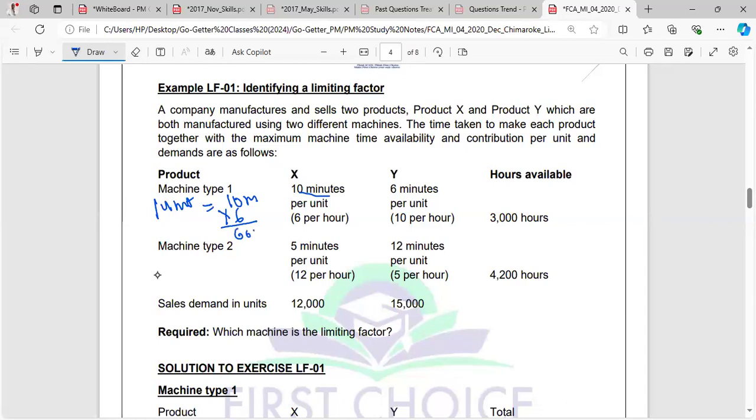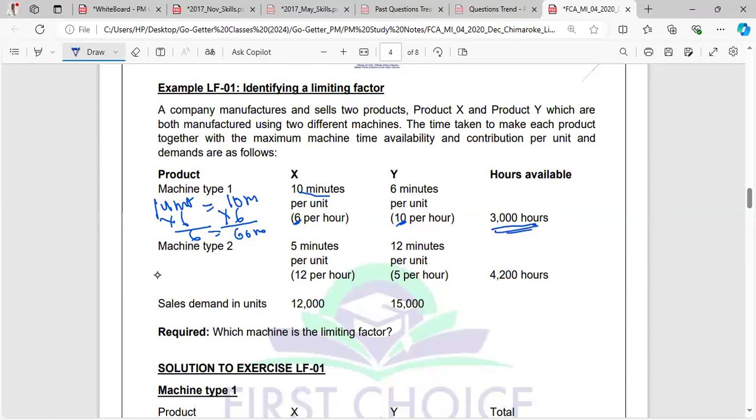That means you are making 6 units in 1 hour. Using that same logic, this is 10 units in 1 hour. And the available hours is 3,000 hours.